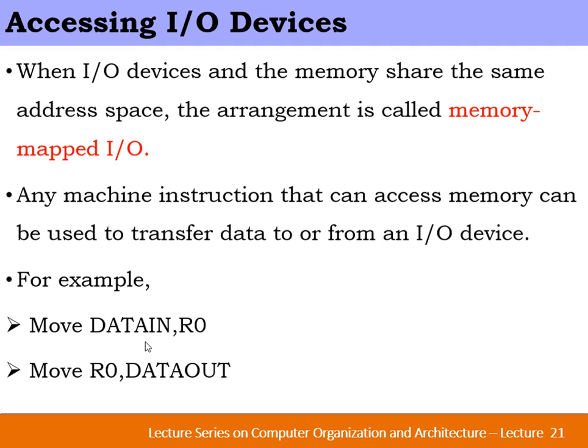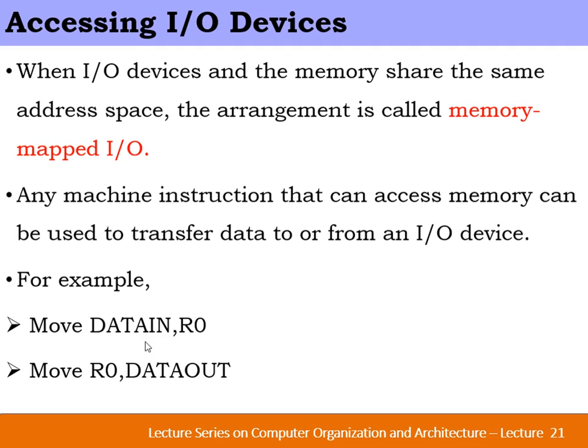In order to deal with the synchronization of speed of operation, registers are associated with IO devices. One of the registers relevant to the input device is called data in, and data out is the name of the register associated with an output device.